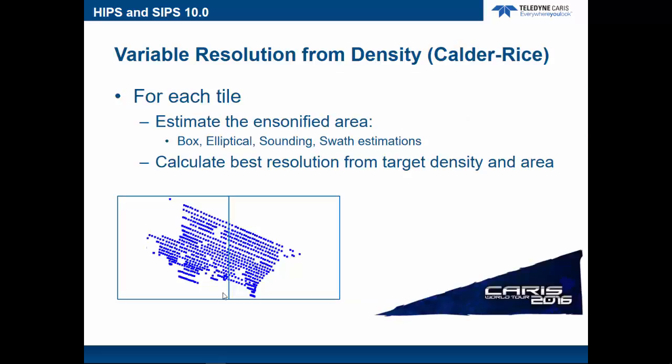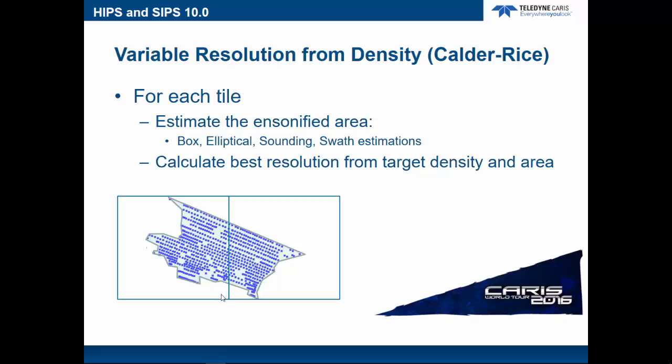And we have a similar density method from Calder Rice that takes a slightly different approach to estimating the resolution. Instead of starting with the superfine bin, the Calder Rice method attempts to calculate the insonified area within each tile, and then calculate the resolution to get to your target density from that. So in the lower left, you can see we have two tiles over a given set of multi-beam data.